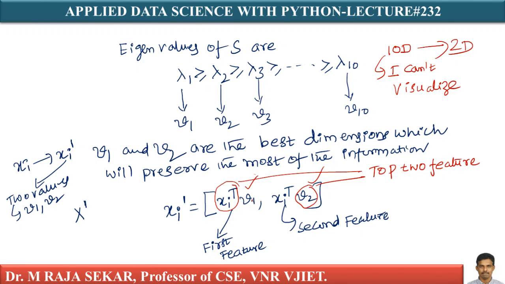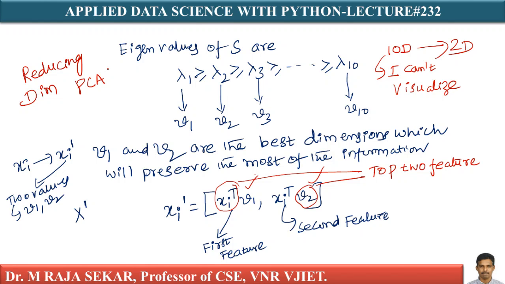We are reducing dimension by using PCA, principal component analysis, with eigenvalues and eigenvectors. I can visualize this 2D data, which is better.